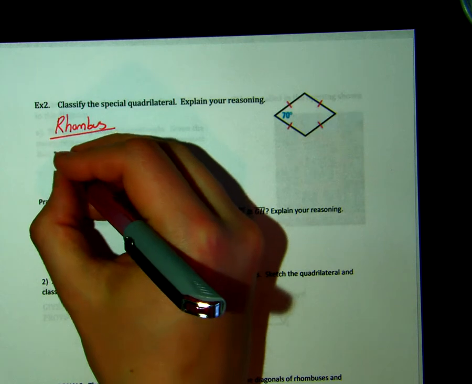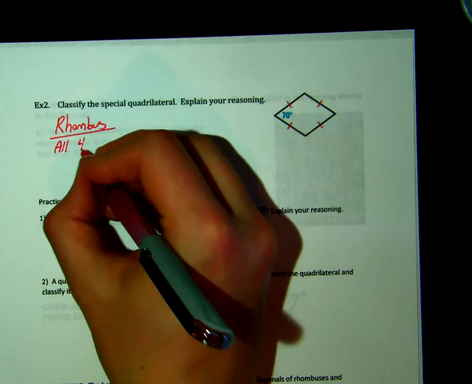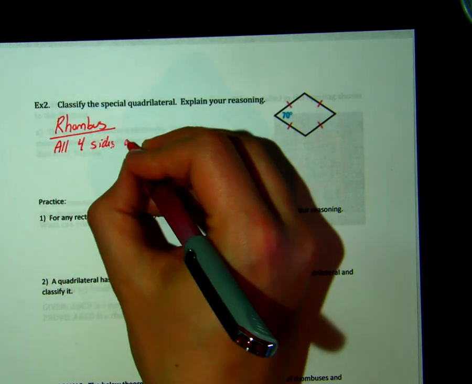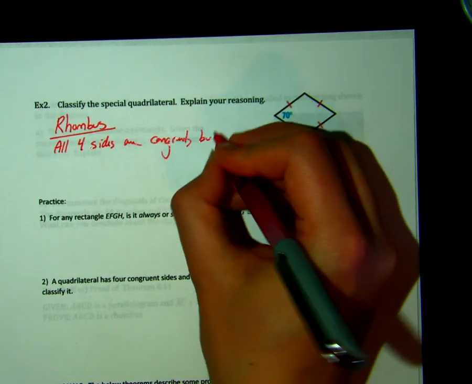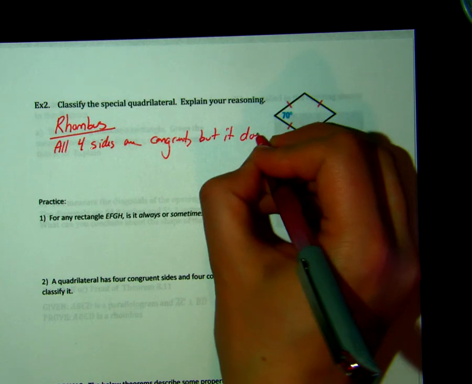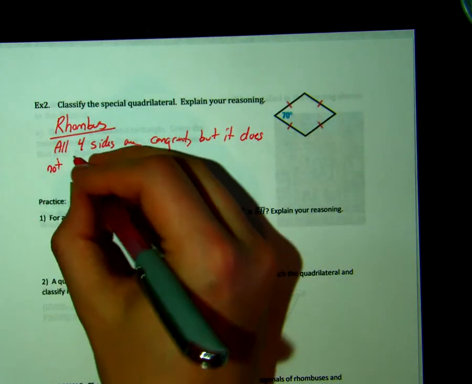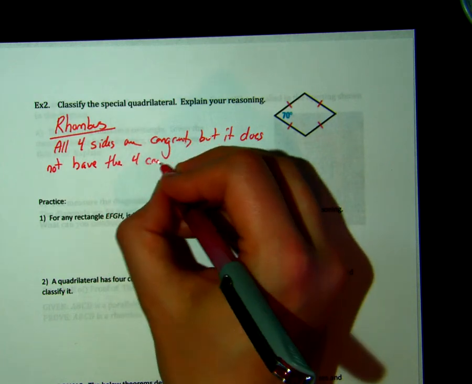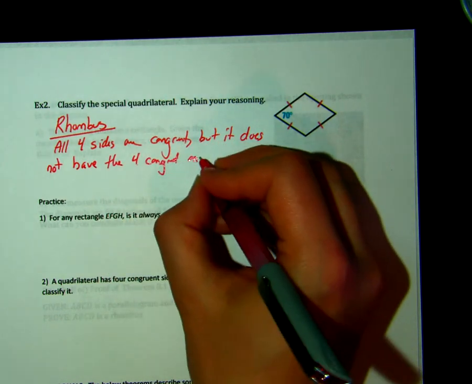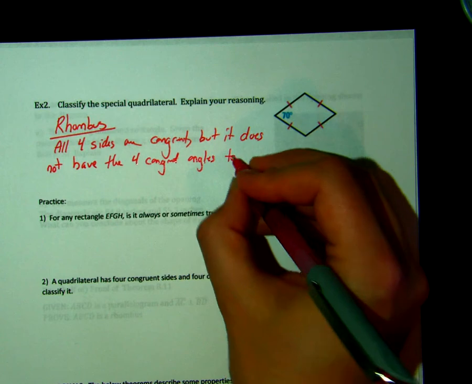Okay? So my explanation should be something like all four sides are congruent, but it does not have the four congruent angles to make it a square.